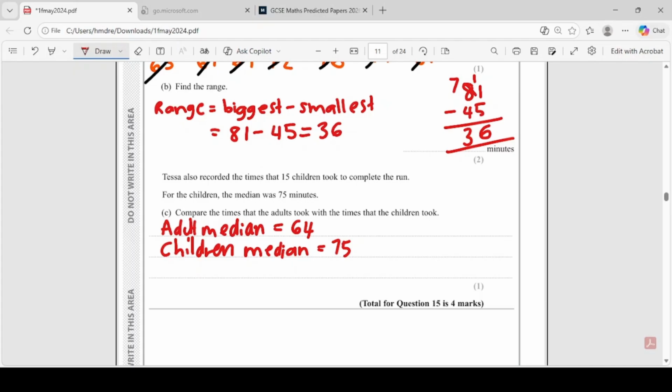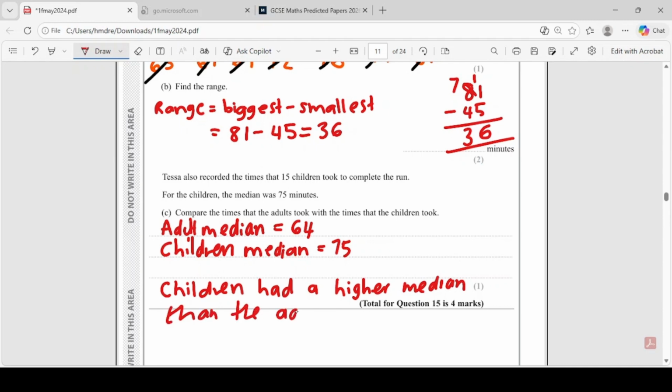They haven't really told us very much. We can't really make any big calls about this. All we can say was that the children had a higher median. That's all we can compare for that one.